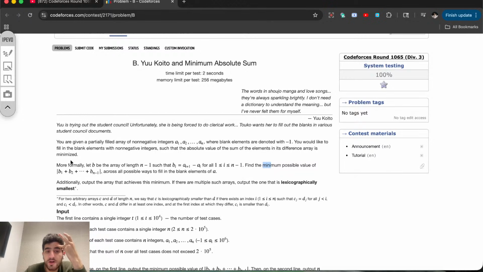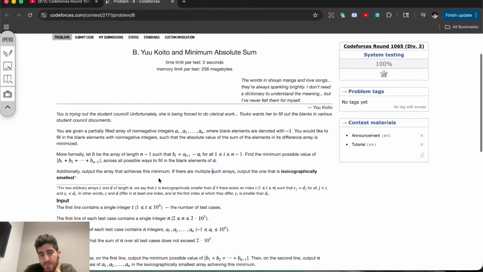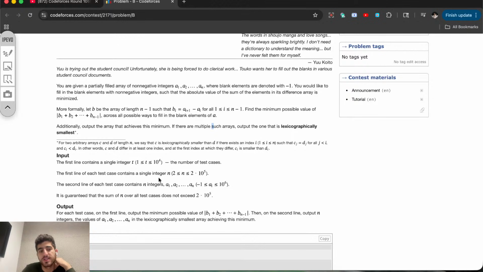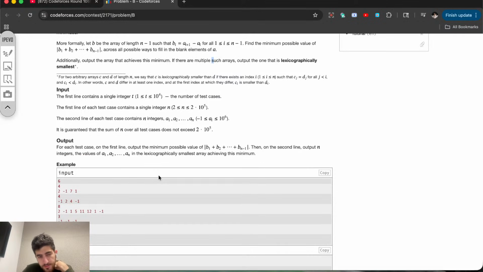So you want to minimize the sum of this difference array, across all possible ways to fill in the blank elements of A. Additionally, output the array that achieves this minimum. If there are many, you have to find the one that is lexicographically smallest.